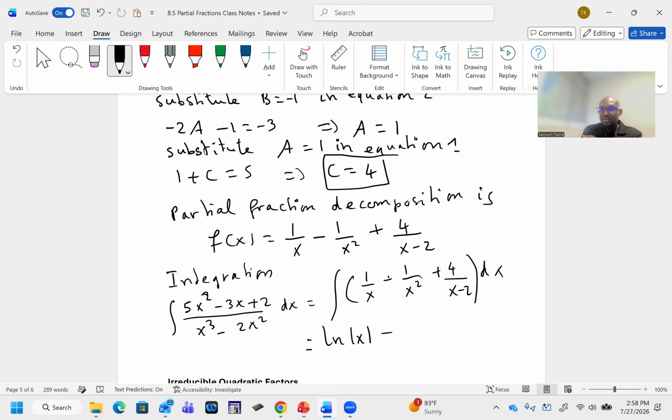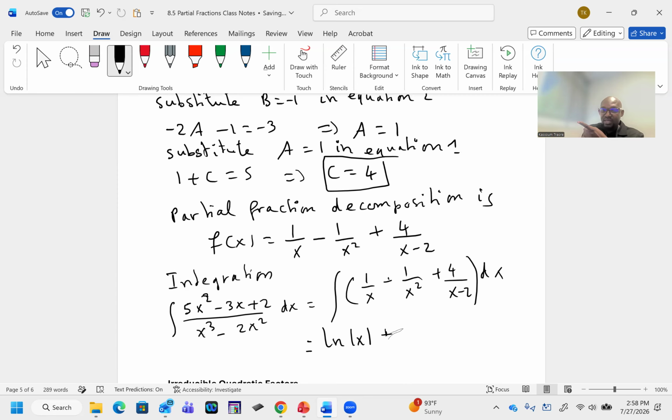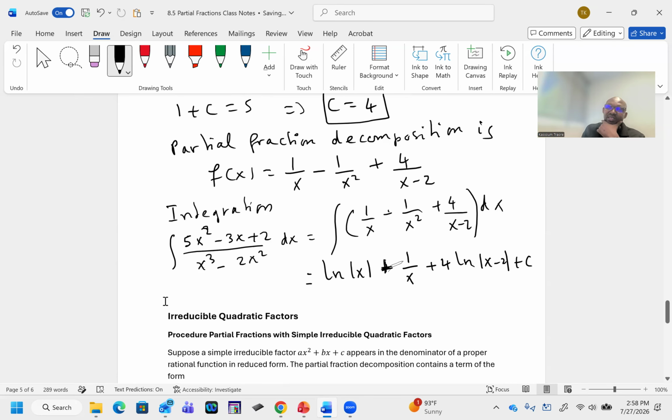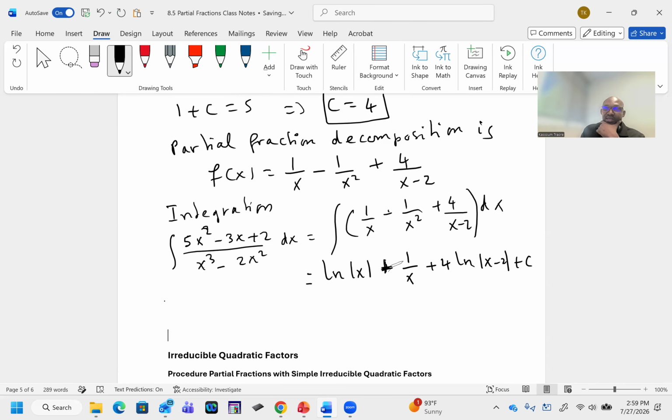The derivative of 1 divided by x is negative 1 divided by x squared. So the antiderivative would just be plus 1 divided by x, and then plus 4 ln of absolute value of x minus 2 plus c. As I said, you can leave it like this, or if you want, you can combine these two.